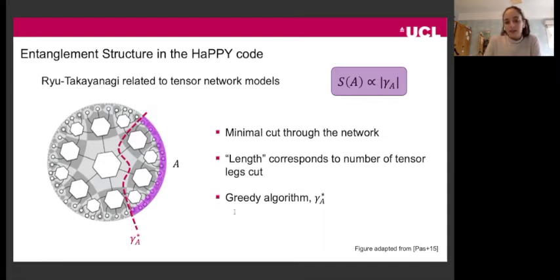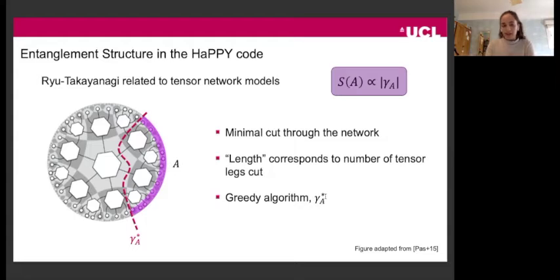And the HaPPY code describes the greedy algorithm, which is a way of trying to find the minimal cut in the network. And we describe the output of this algorithm as gamma A star. The idea is that it tries to find the minimal cut by locally checking whether moving to include or exclude a tensor is going to reduce the length of the cut.